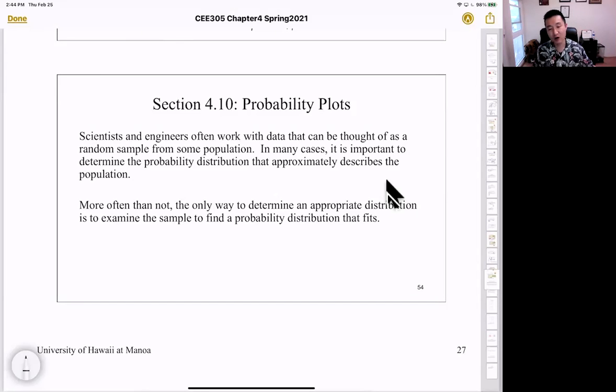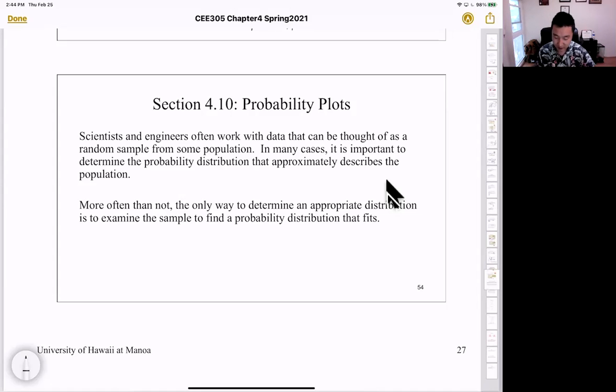Scientists and engineers often work with data that can be thought of as a random sample from some kind of population, for example a normal distribution, or Poisson distribution, or binomial distribution. But we don't always know what type of distribution an experiment follows.